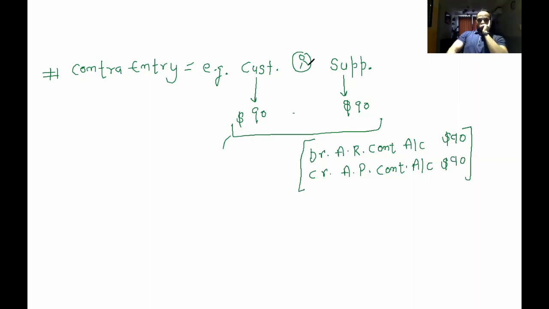Which means from the same person, I need to pay 90 and I need to receive 90. So I will make the transaction: debit accounts receivable control account, I need to receive, right? Credit accounts payable control account, I need to pay.